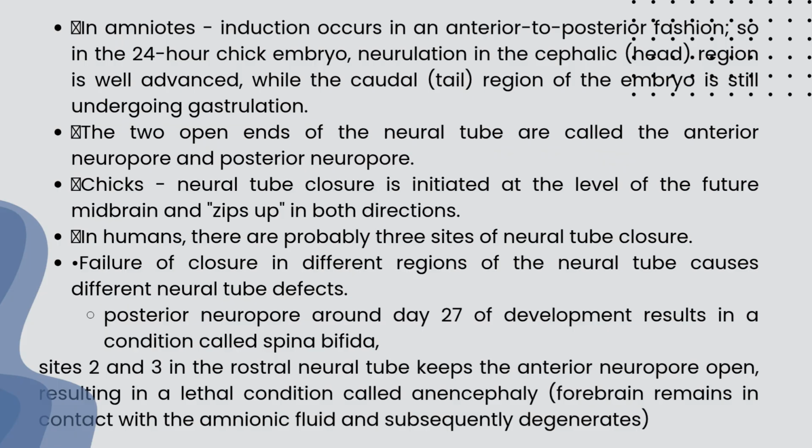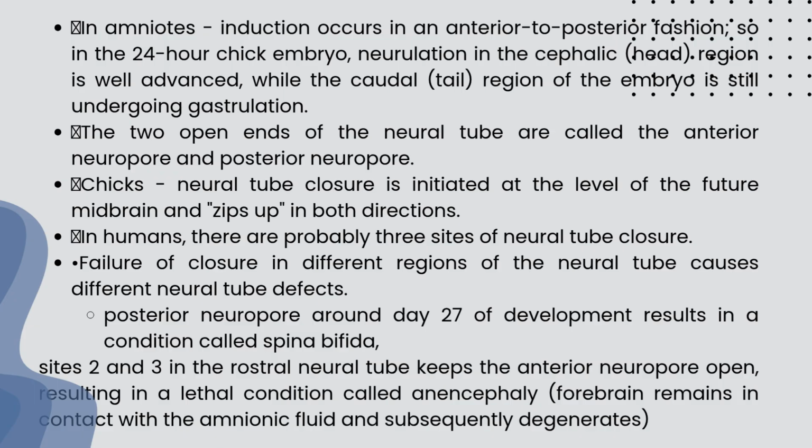In humans, there are probably three or more sites of neural tube closure. The failure of this closure in different regions of the neural tube causes different neural defects. Failure of closure around the 27th day of development results in the condition called spina bifida, in which the spinal cord remains exposed.